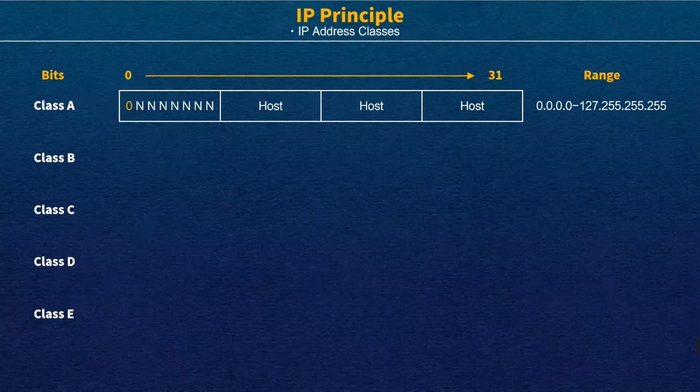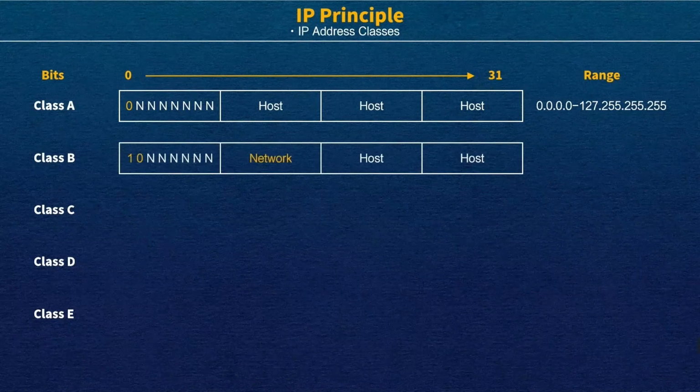Biggest means the rest become 1, because the first bit is fixed as 0, so the rest 31 bits become 1. We get the result 127.255.255.255. So this is the class A range, from 0.0.0.0 to 127.255.255.255. This is class A.